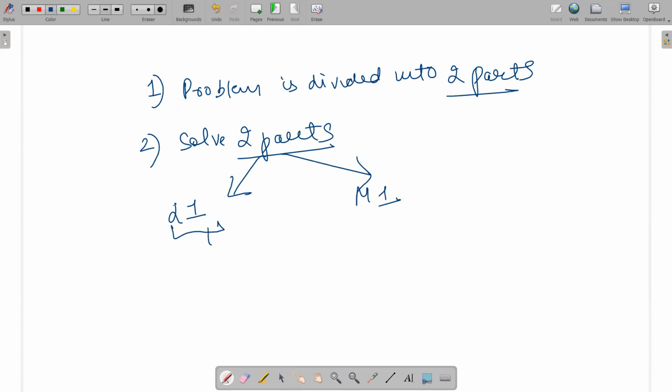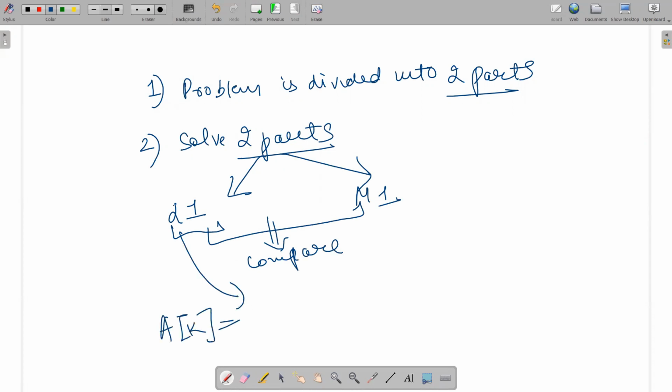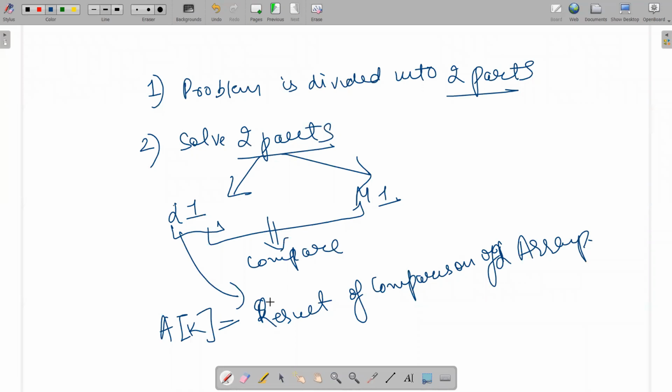Then we have to compare the values and put them in another array, which stores the result of the comparison of the two arrays. And whichever is lesser will be put over here, then second, third, and fourth. This is how you solve a merge sort problem.